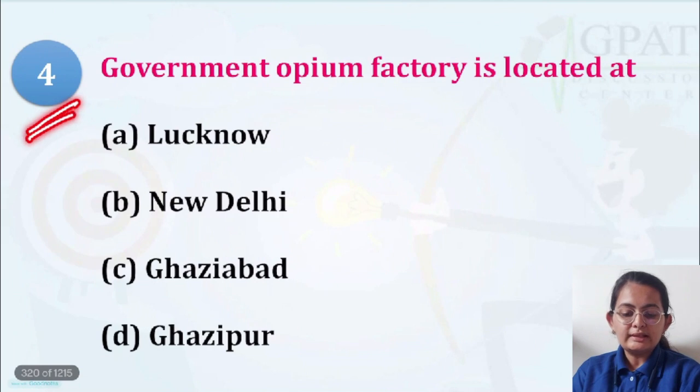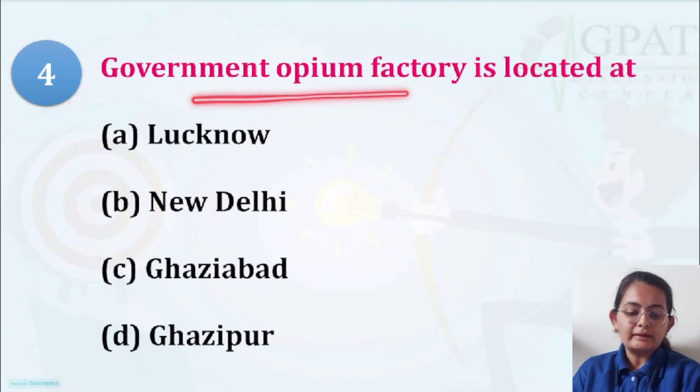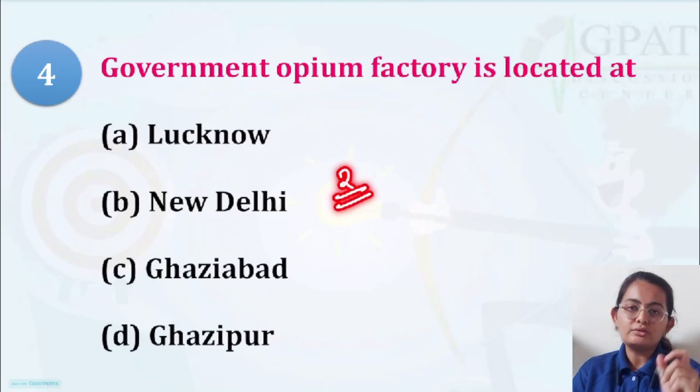Question number 4 is telling about where the government opium factory is located. You must be knowing that there are only two locations where opium production happens for the local purposes, for our use of opioid drugs.